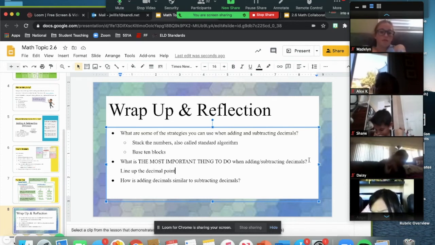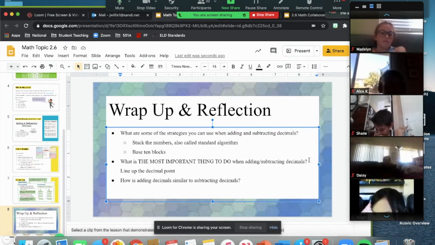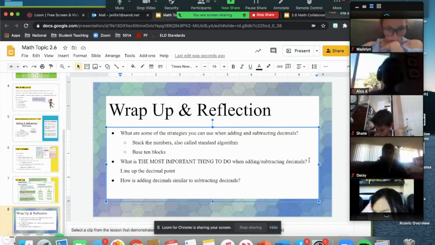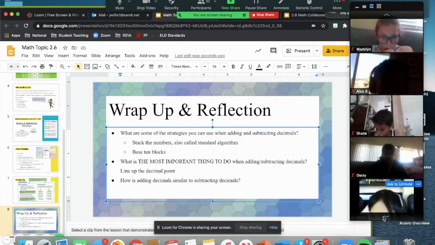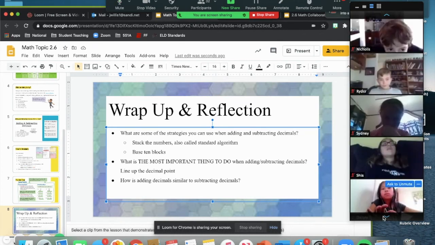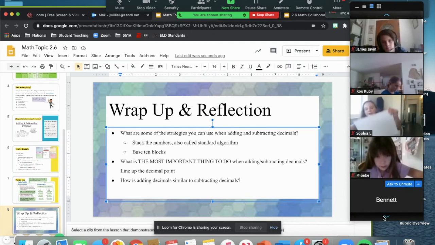Our last question for today. We kind of already answered this. How is adding decimals similar to subtracting decimals? What things are the same when it comes to adding and subtracting? Anybody have any ideas?